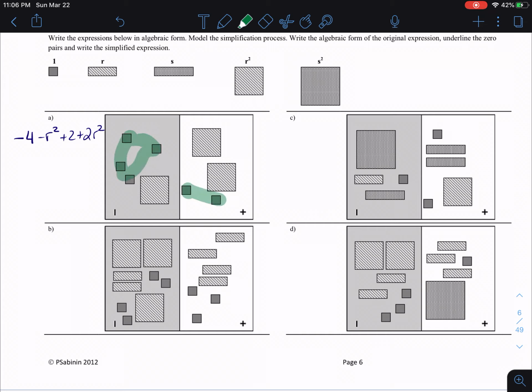Now, 2 of those are actually a 0 pair. So 2 of these on each side is a 0 pair. So we can simplify that to leave -2, because the value of the rest is 0. Now for the r squared, we know that we have a -r squared on the left and 2 +r squareds on the right. We know one of those is a 0 pair. So we can simplify it to plus r squared.